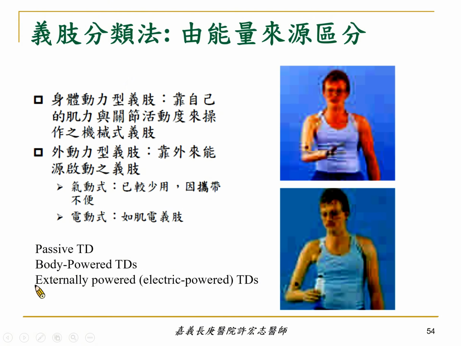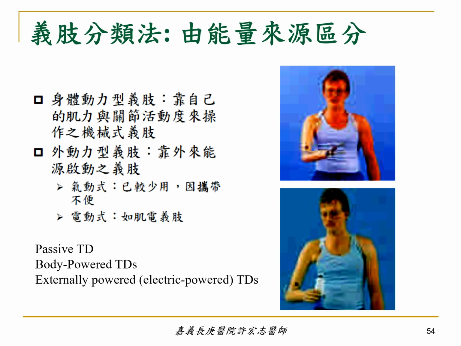But nowadays, if you are using the muscle power of the remaining limb, or the myoelectric signal of other muscles to drive the prosthesis, we call that externally powered, or electric powered prosthesis.